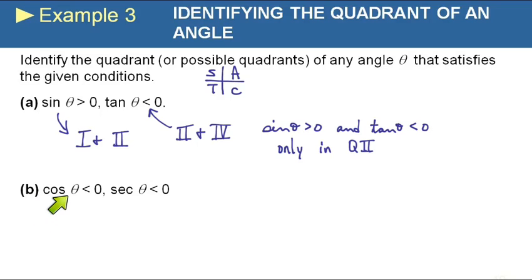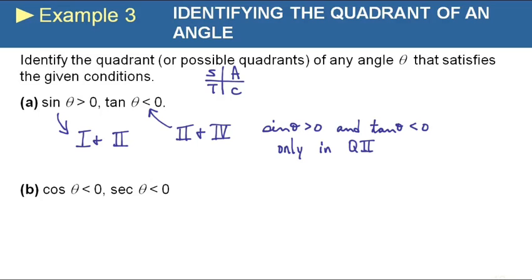Now if you look at part B, we want to find the quadrant or quadrants where cosine is negative and secant is negative. Now if you think about it, these two are really giving us the same piece of information because cosine and secant are reciprocals. If cosine is negative, then secant is also negative by definition.